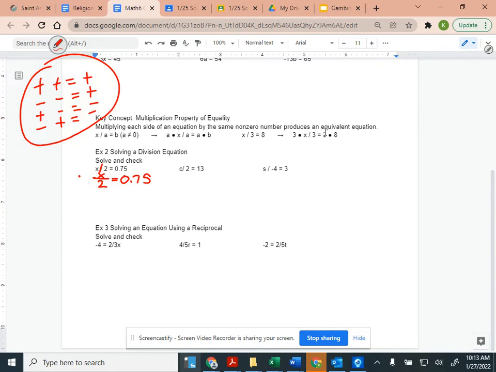So I'm going to multiply both sides by 2. So if I'm multiplying 2 times divided by 2, that's going to cancel out. And then I have 0.75 times 2. Okay. 0.75, well, isn't that 1.50? It is 1.5.